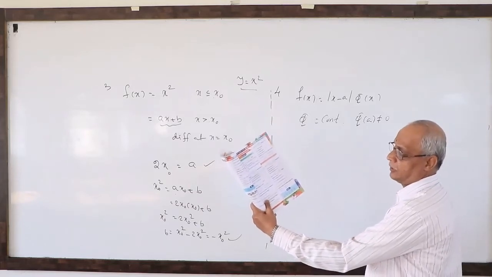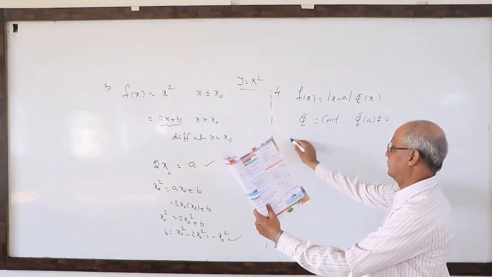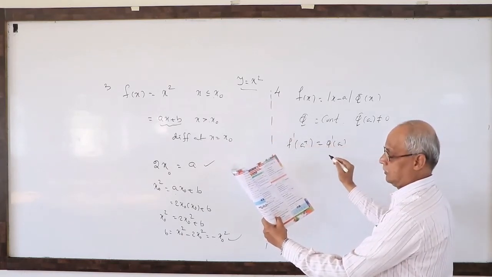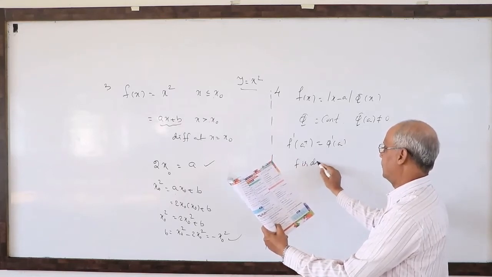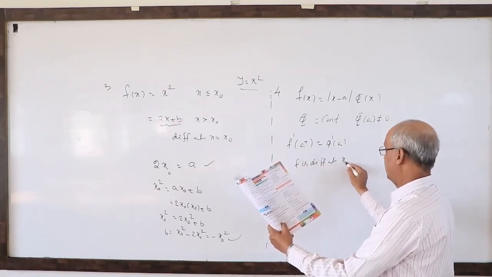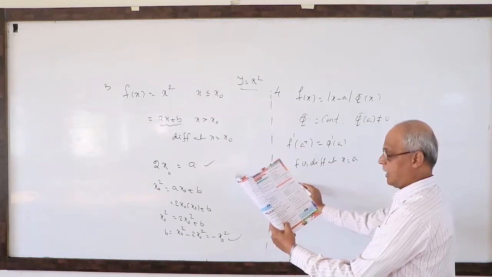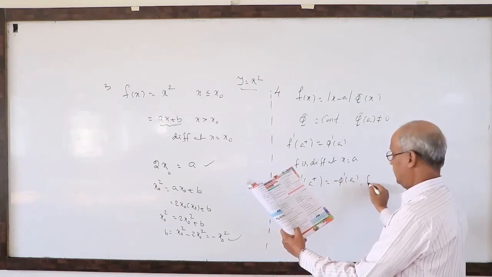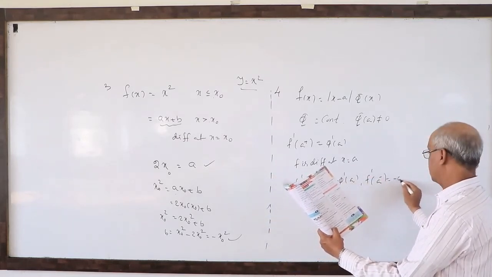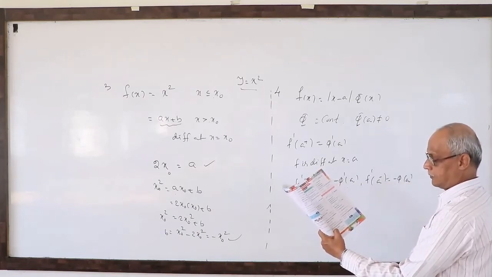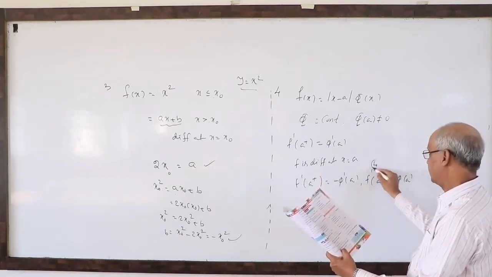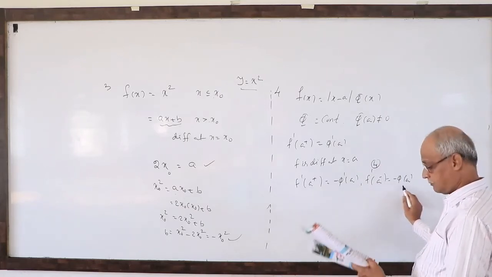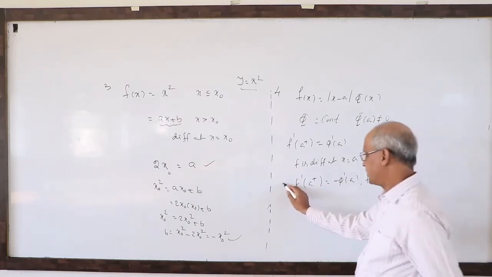Answers according to ABCD. f dash of a plus is equal to phi dash of a. f is differentiable at a. f dash of a positive is minus phi dash a. Negative means your left derivative is minus phi a. This is the fourth option. f dash of a plus is minus phi dash a, minus is minus phi a. These are the options given.